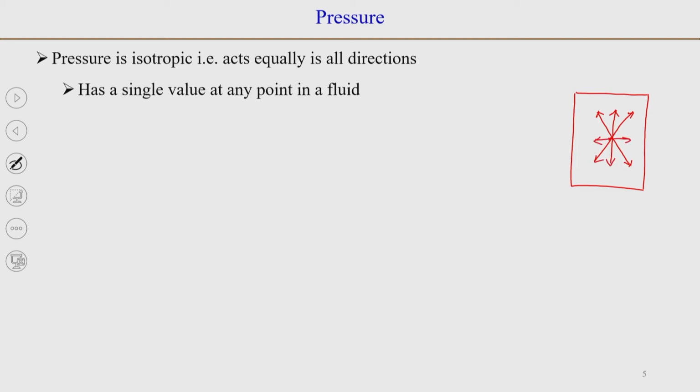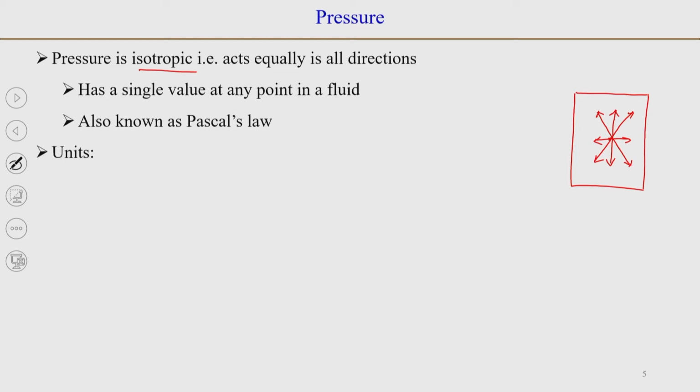The term isotropic means that any property that is the same in all directions is called isotropic. So, pressure is isotropic. It of course has a single value at any point in a fluid, and this principle is also known as Pascal's law or Pascal's principle.